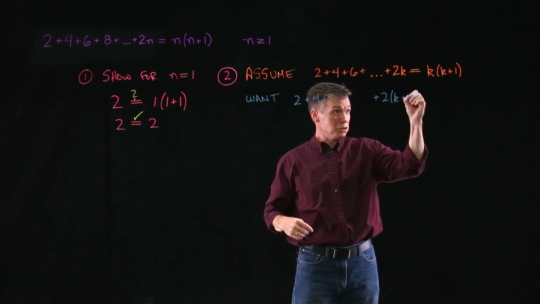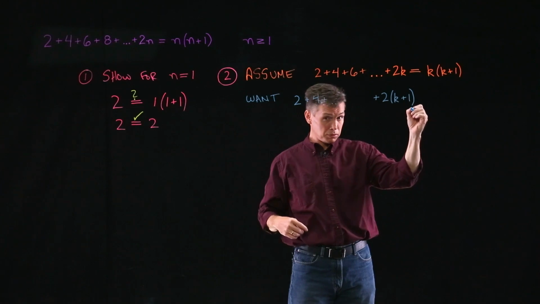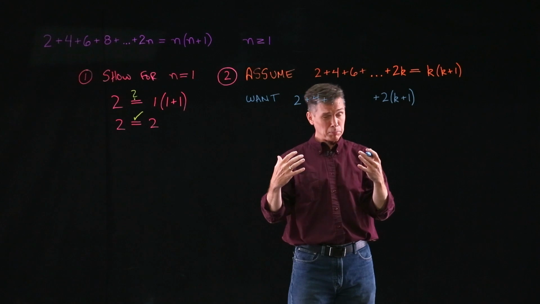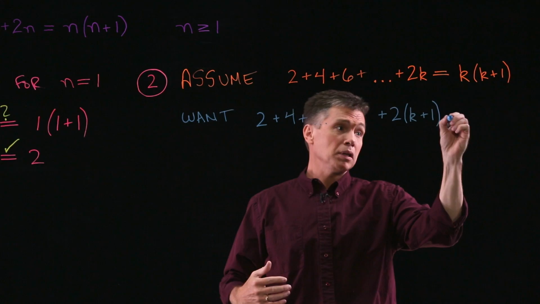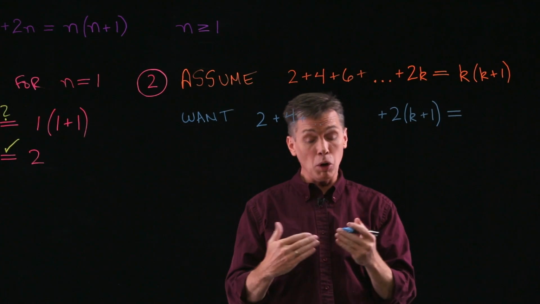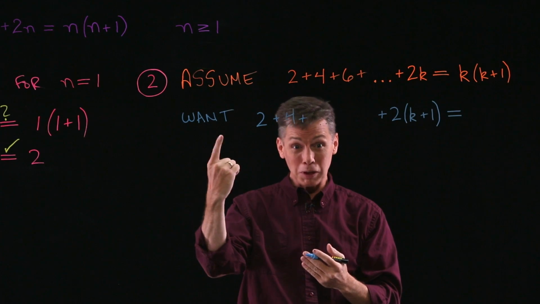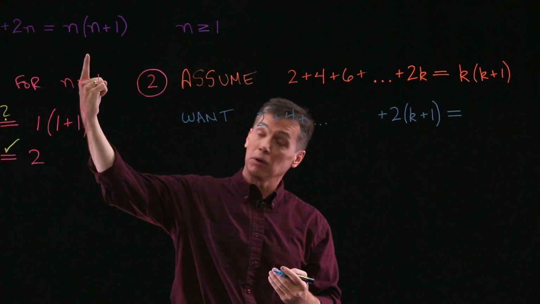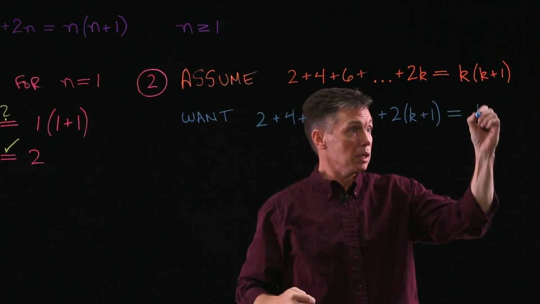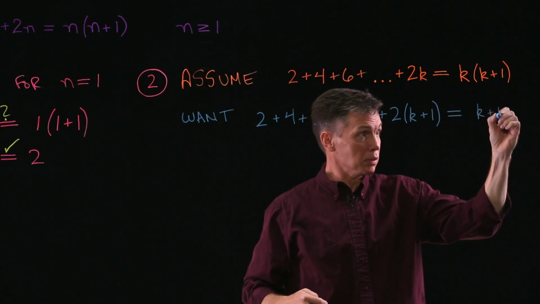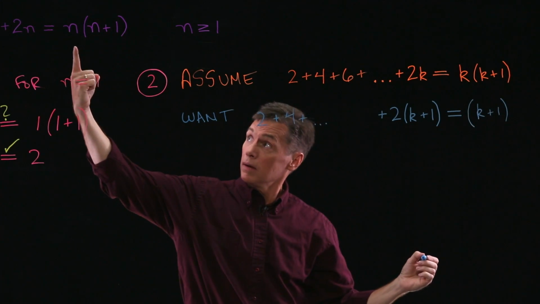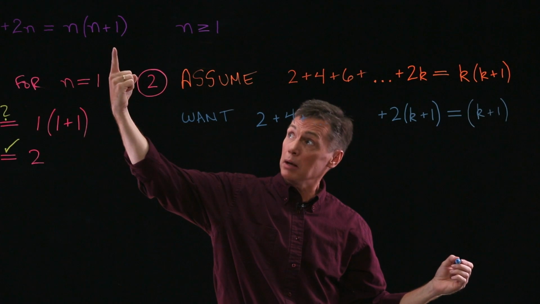You should notice I put parentheses there because the multiplication by 2 needs to happen to the entire binomial there. And we really want that to equal the right-hand side, but with a k plus 1. So k plus 1 in place of the n. That's that n. And the second part there is n plus 1.